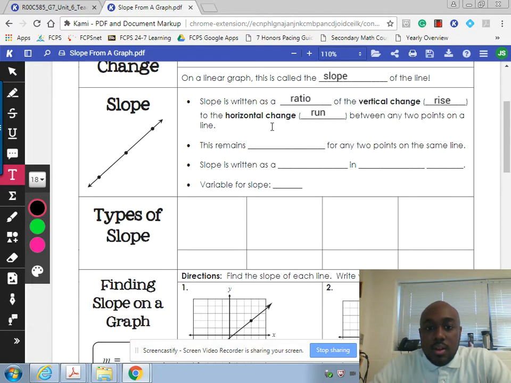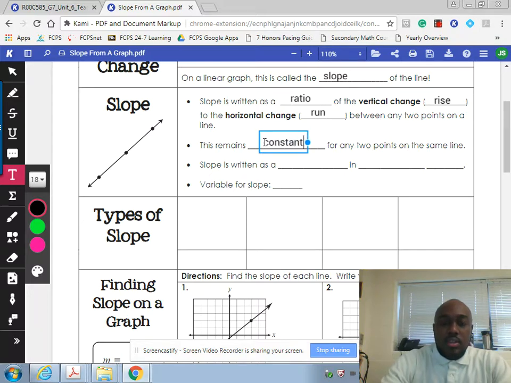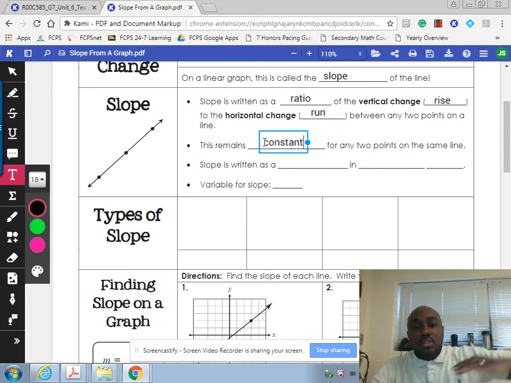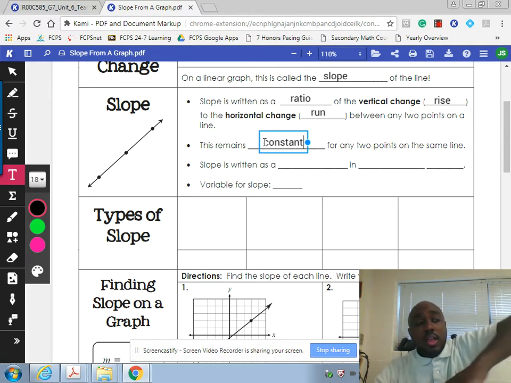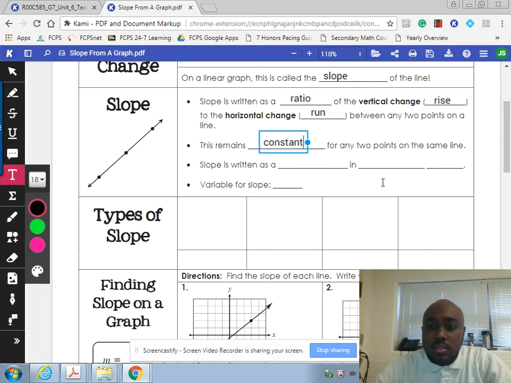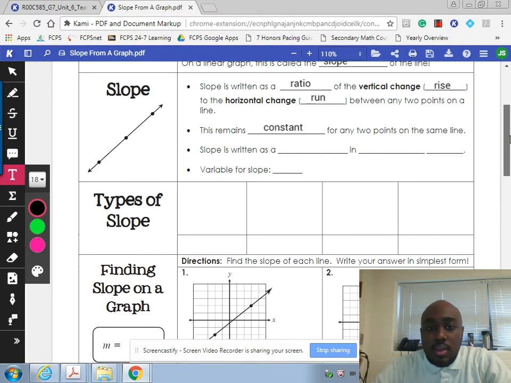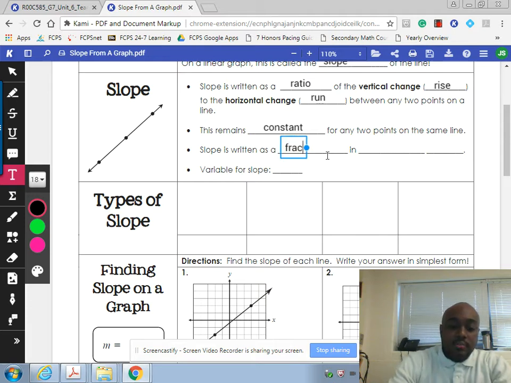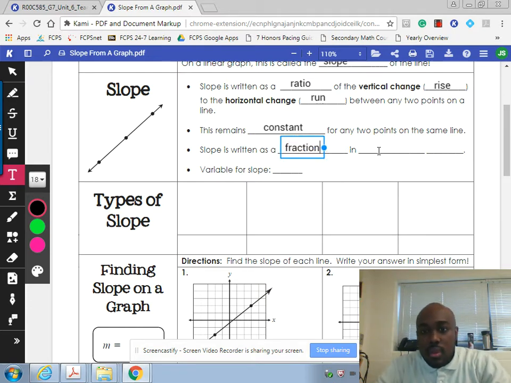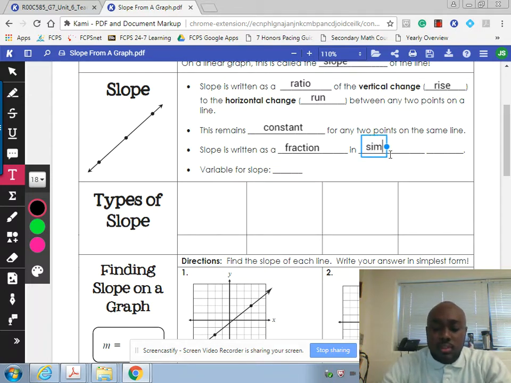This remains constant, people. It does not change. It remains constant as the line increases or as the line falls. As the line goes up or down, the slope always stays constant. Slope is written as a fraction, and when we deal with fractions, it's always going to be in simplest form.